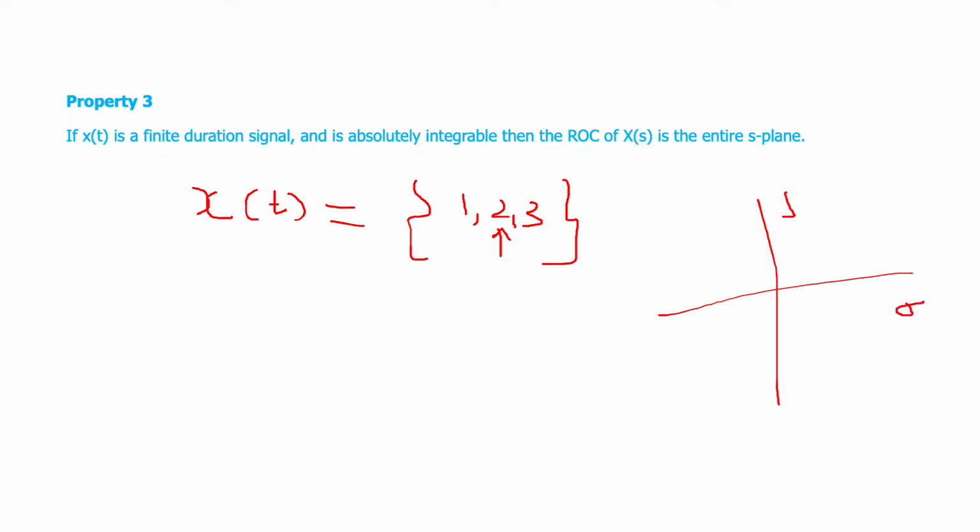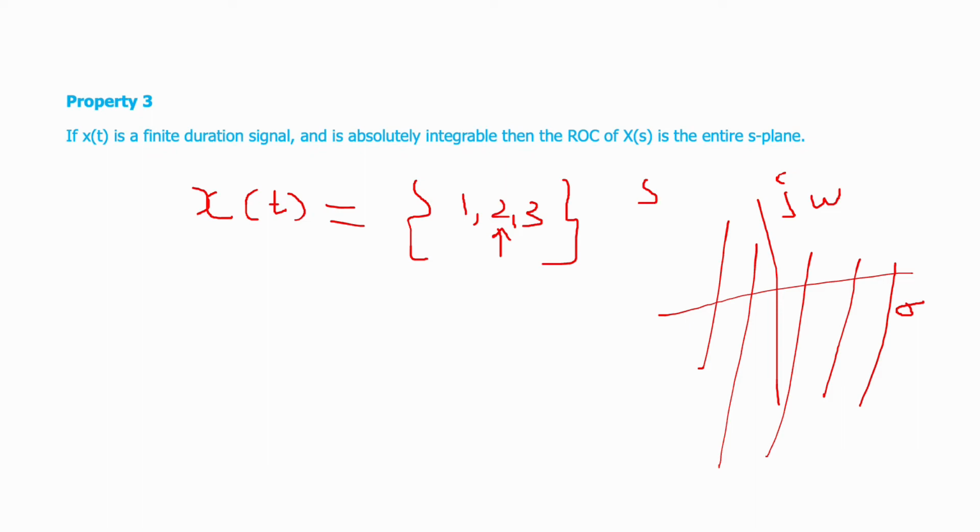This is j omega. Now the ROC is the entire s-plane. The whole s-plane is the region of convergence. Is it clear? That is the statement of property 3.